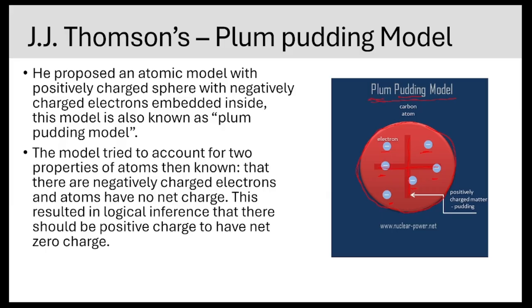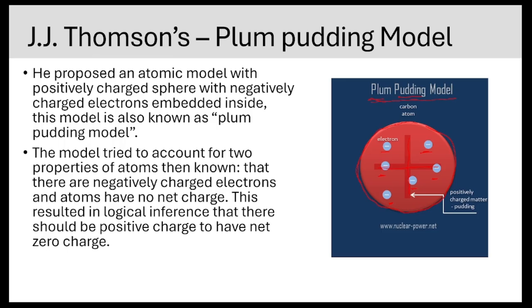The model tried to account for two properties of atoms then known. At that time scientists knew that there are negatively charged electrons within an atom, and they also knew that the atom itself has no net charge.